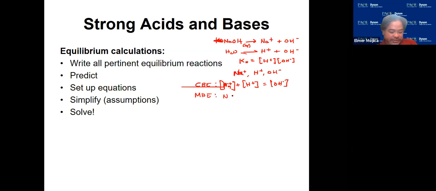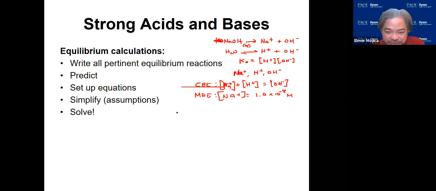So you have here Na plus is just equal to 1.0 times 10 to the negative 8 molar. And then we can solve, starting with the CBE.